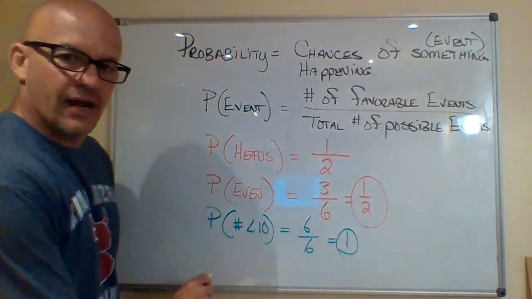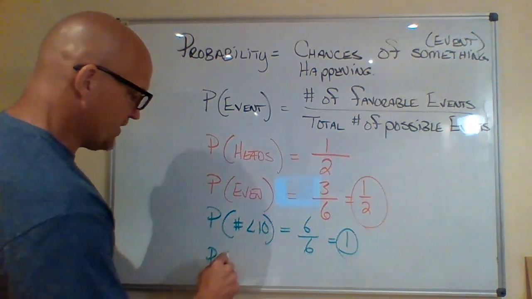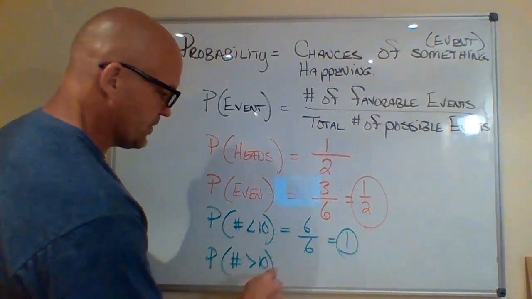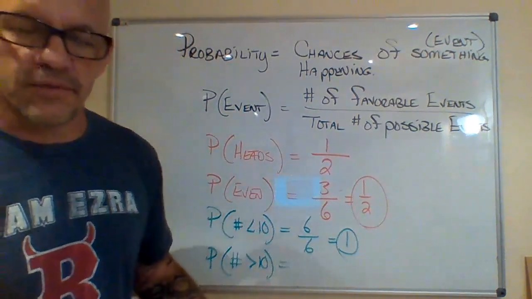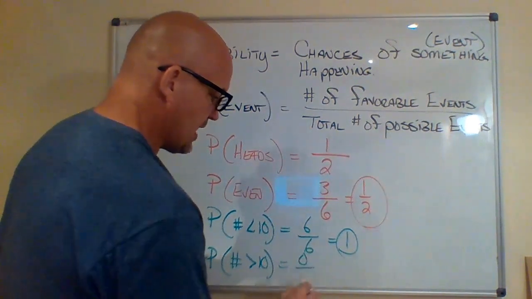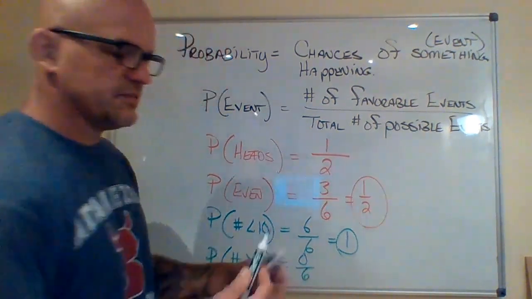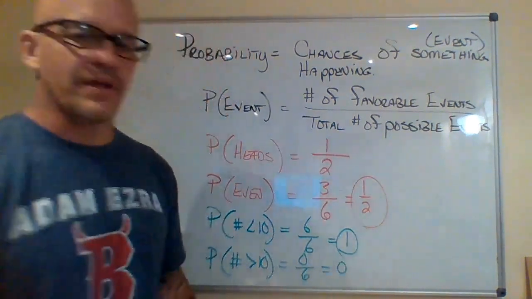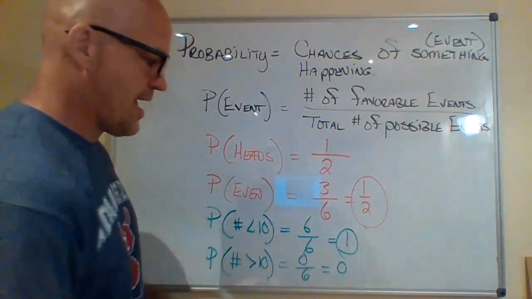Likewise, if I said, I hope you guys can see this at the bottom, what's the probability of getting a number greater than 10? Well, there are no numbers on there greater than 10, so there are 0 favorable events, and there are 6 total events, but 0 divided by any number other than 0 is simply 0, which means that event cannot happen.